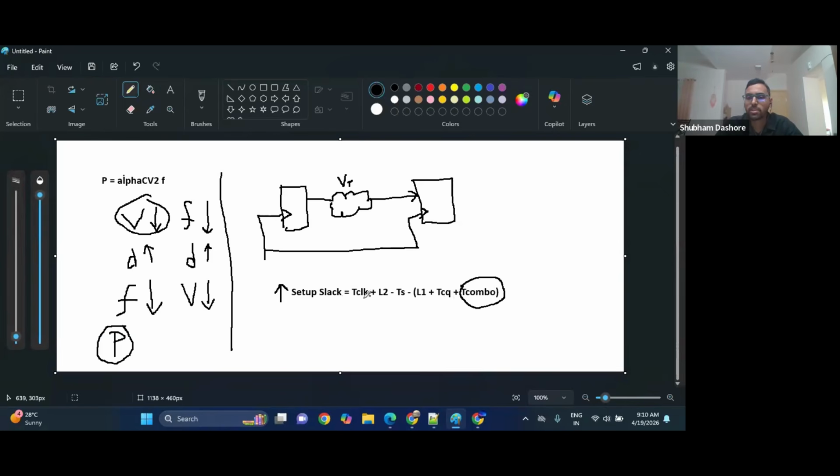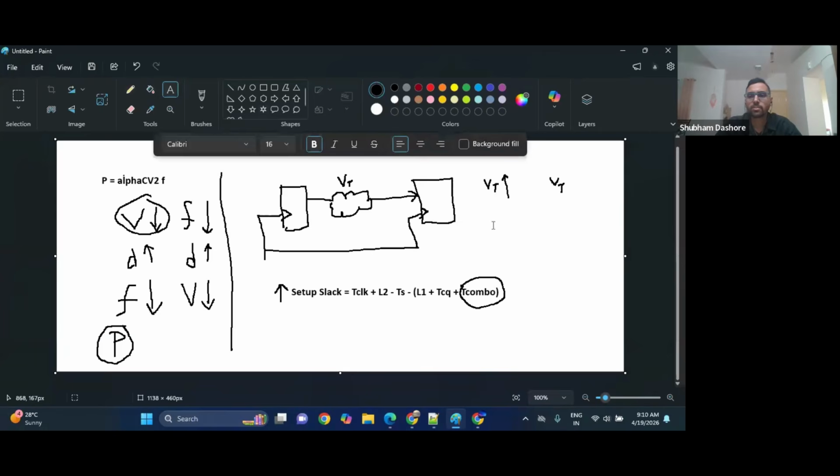What can we do at the RTL level? We will decrease the T combo. To reduce the T combo, if we have two VTs, now if the VT is high, this is the current.